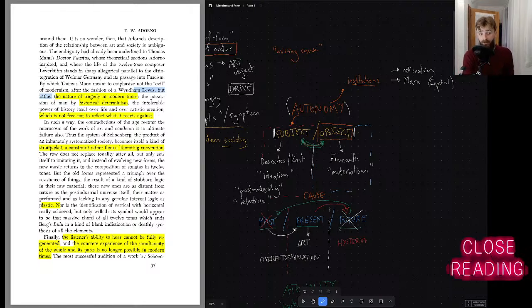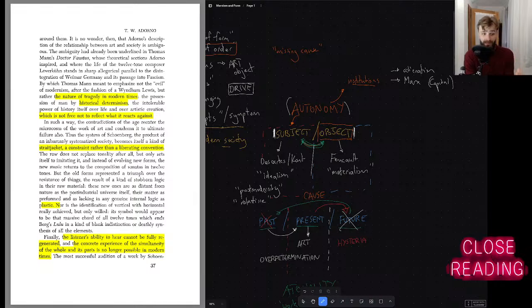And here he calls it the nature of tragedy in modern times, the possession of man by historical determinism, the intolerable power of history itself over life and over artistic creation. So life is given over to history and it becomes a sort of undead life. And then this really eloquent turn of phrase, the intolerable power of history over life and over artistic creation, where life and artistic creation, or life in particular, is not free not to reflect what it reacts against.